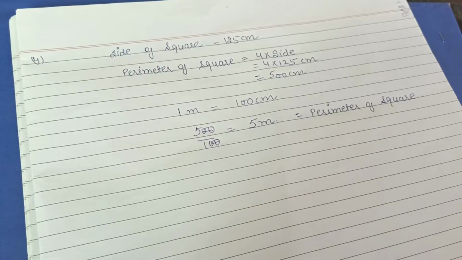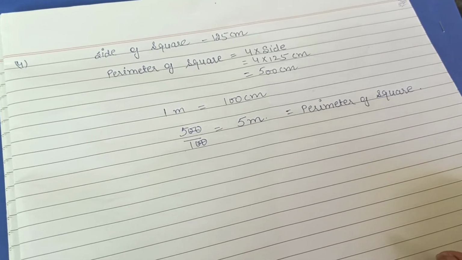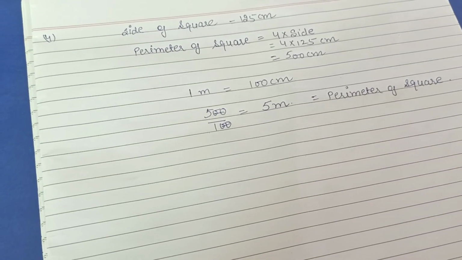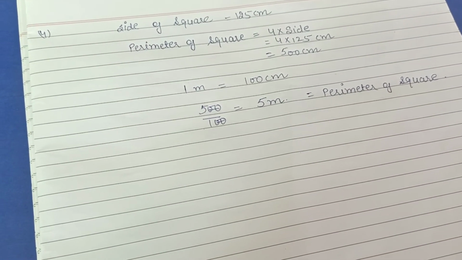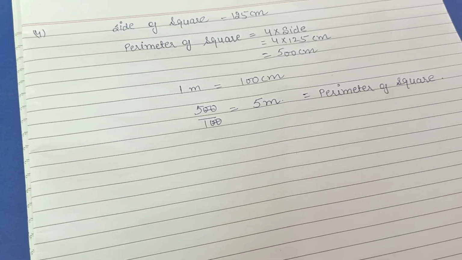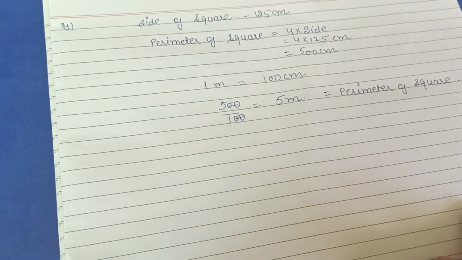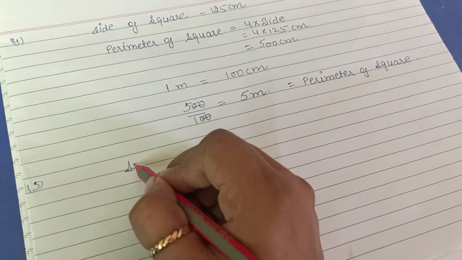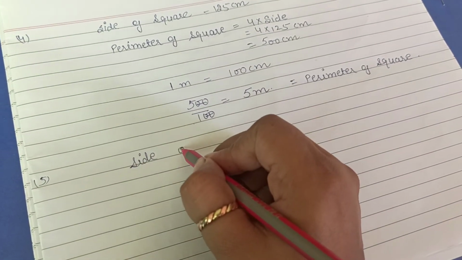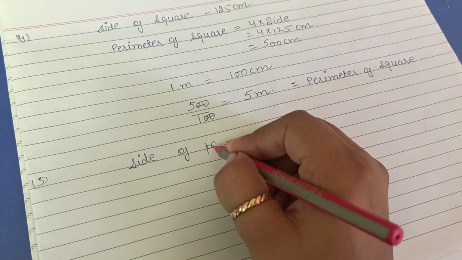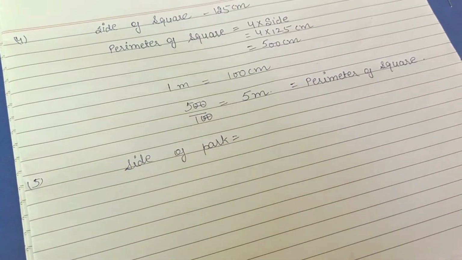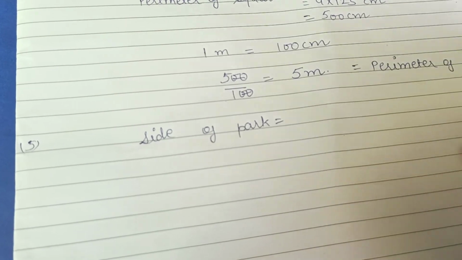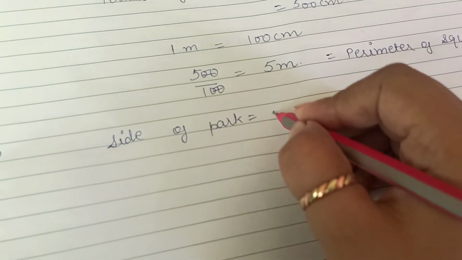After this, come to question number 5. Kavita takes 4 rounds of a square park of side 50 meter. Again it is a square park, the side is given, the side of the park is 50 meter.